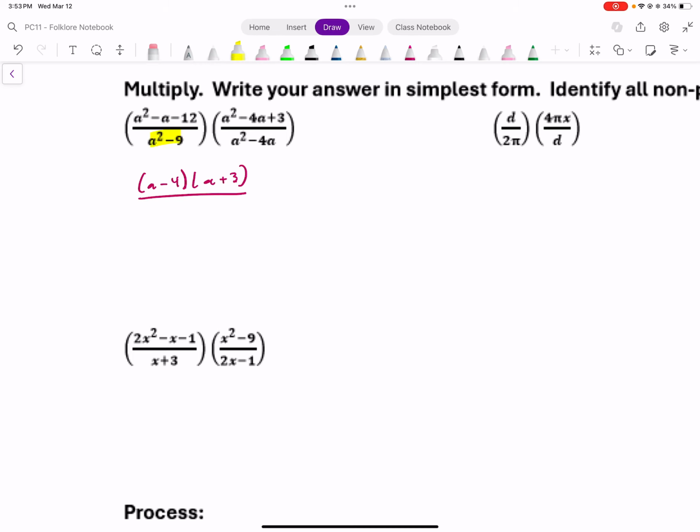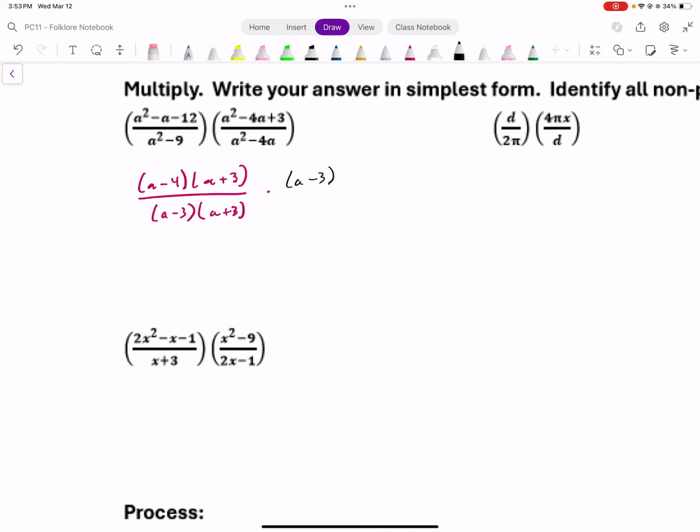The denominator, a squared minus 9, is the difference of squares, so I factor it as such. Now on the left-hand side, I'm going to take a look at this numerator. I'm going to factor that numerator.